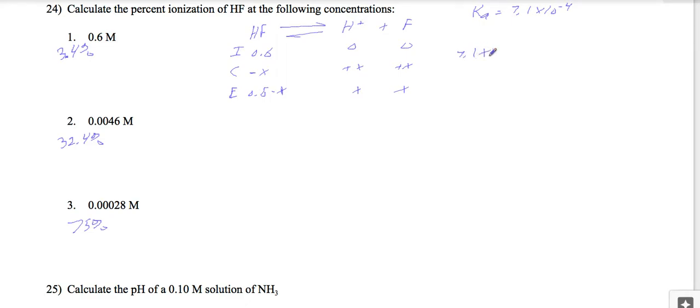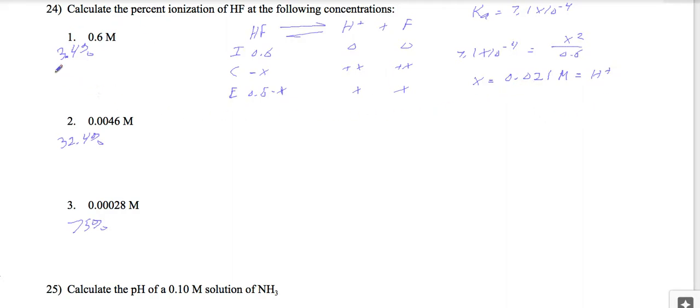We have 7.1 times 10 to the minus 4th is equal to x squared over 0.6 minus x, but I'm using the approximation, so x comes out to be 7.1 times 10 to the minus 4th times 0.6, square root, equals 0.021 molar, which is equal to our hydrogen ion concentration.